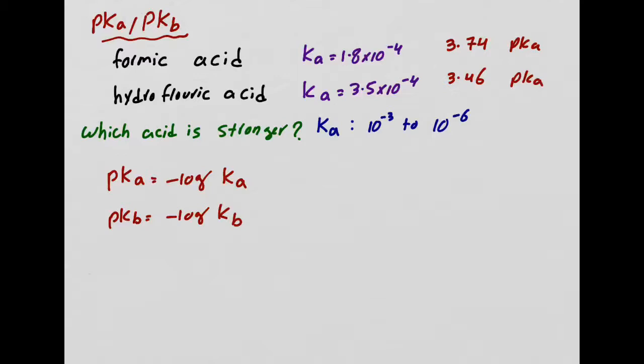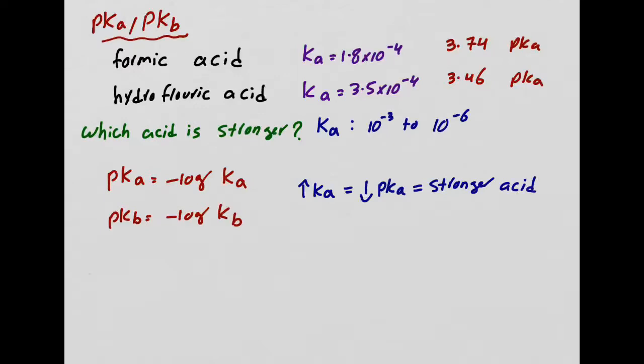So if you remember what we had said, when you look at the Ka value, the larger the Ka value means the stronger acid, right? Because the larger Ka value means more hydronium was dissociated. And if you look at this, the larger the Ka value means the smaller the pKa value, and means the stronger the acid.